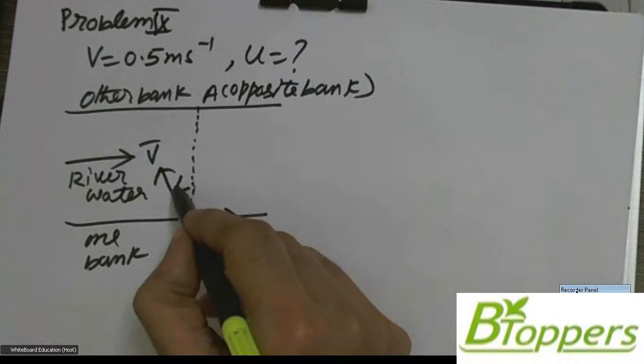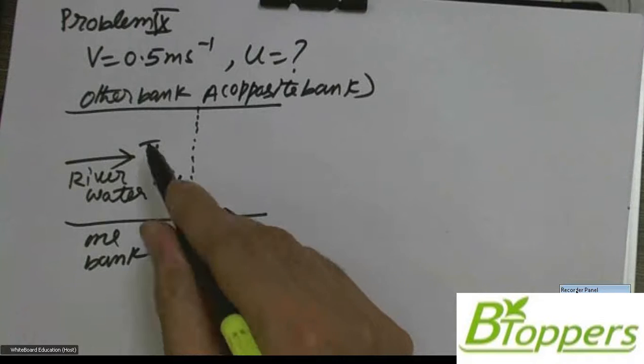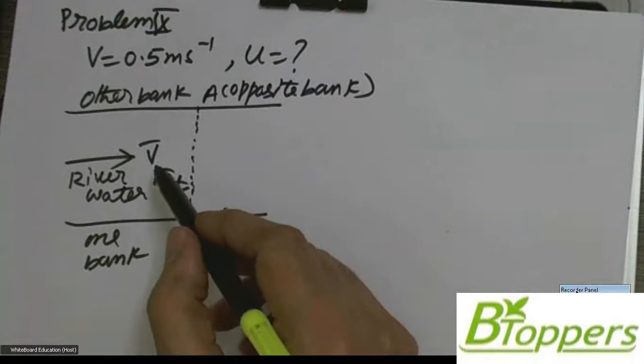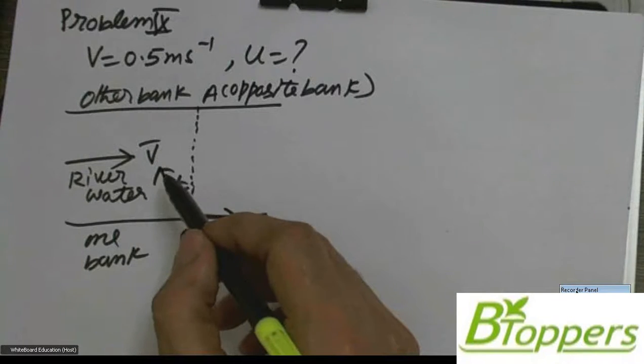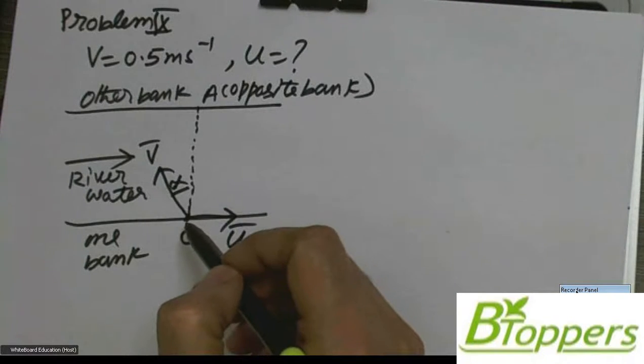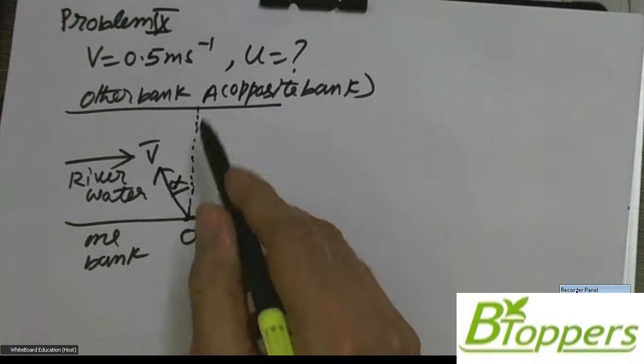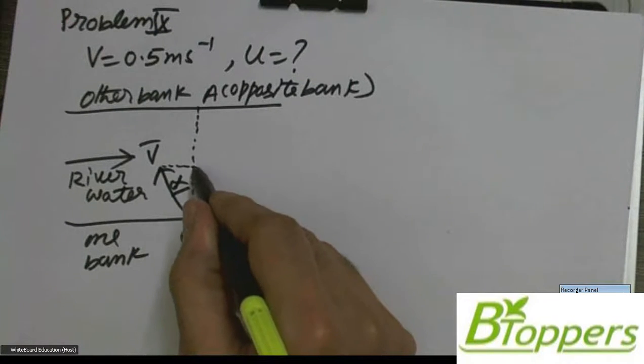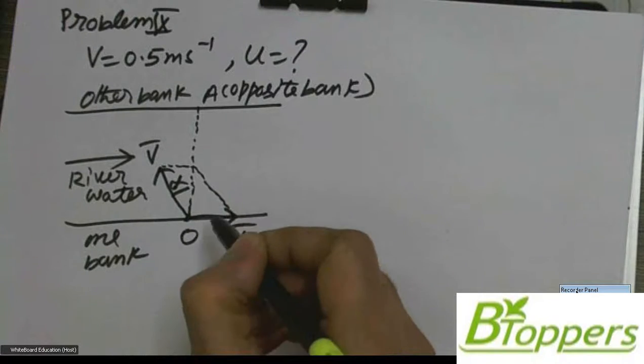Let alpha denote the angle which velocity V bar makes with the width OA of the river. Here V bar is the velocity of the swimmer relative to water. That means the man begins to swim at an angle alpha with the width OA, but he will reach exactly the opposite point A on the other bank.